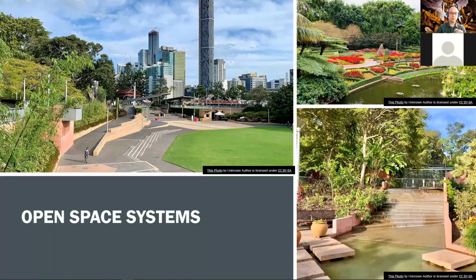Well-designed open spaces also add value to nearby real estate and provide places that enable active outdoor living.